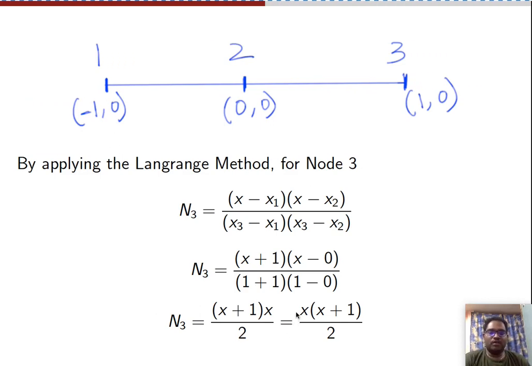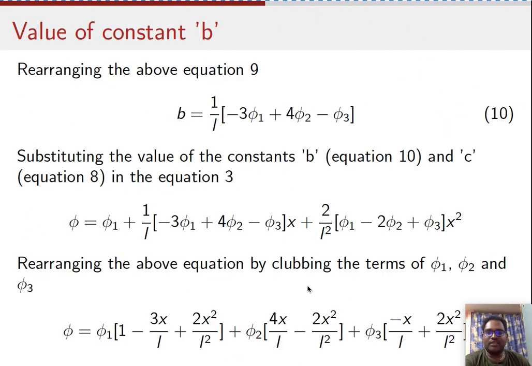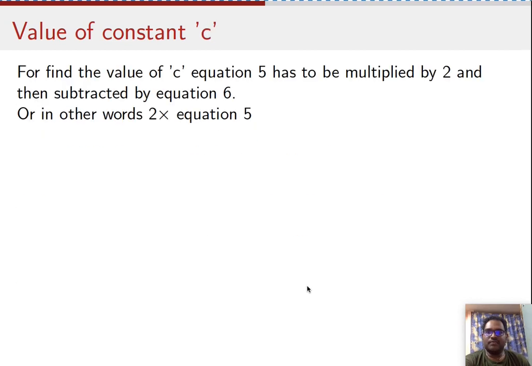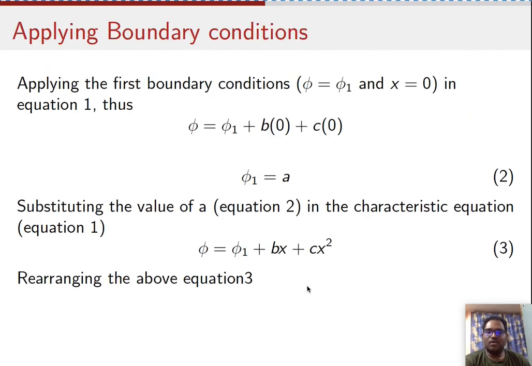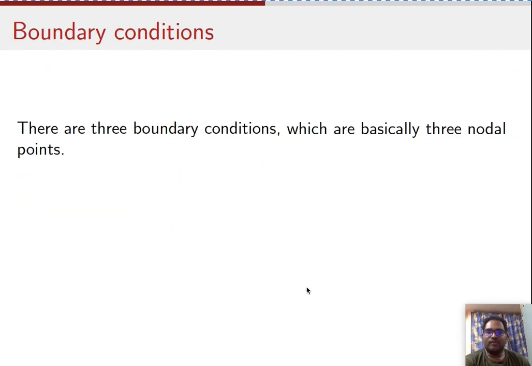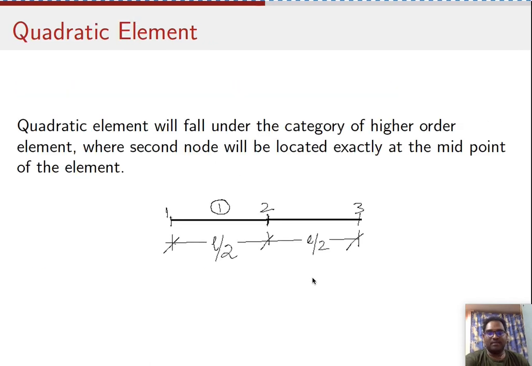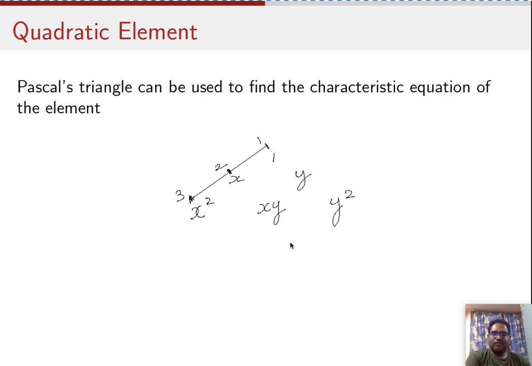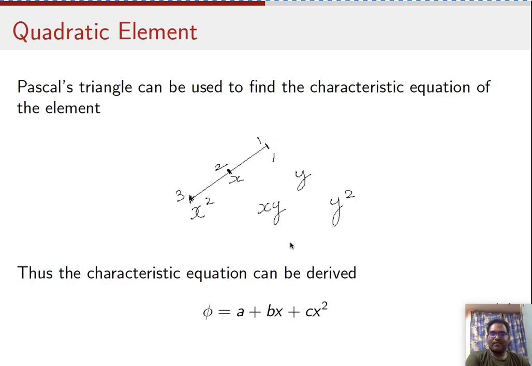Now if you look into the previous derivation of the quadratic element, which was done using the local coordinate system, what we did there was pretty big. This is the element that we considered, and we used the Pascal triangle to get to the characteristic equation.